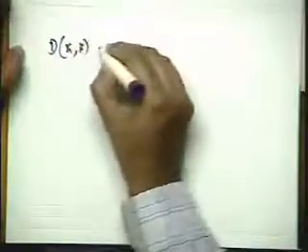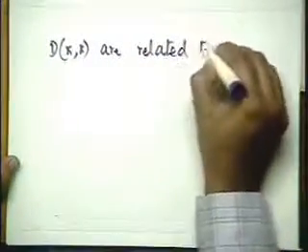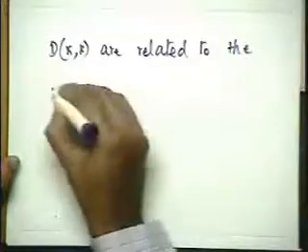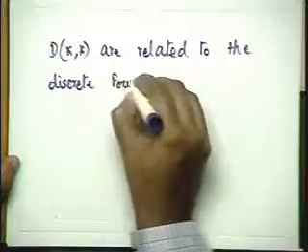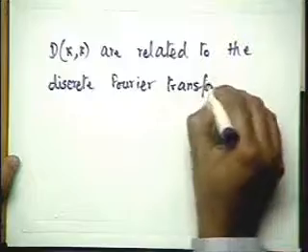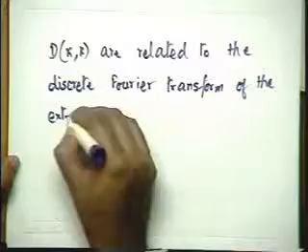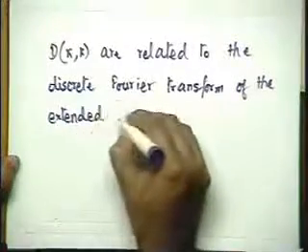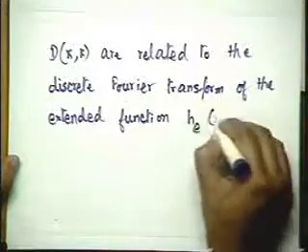So I can say that the D KK's are related to the discrete Fourier transform of the extended function HE xy.